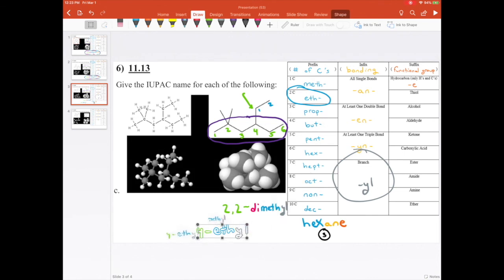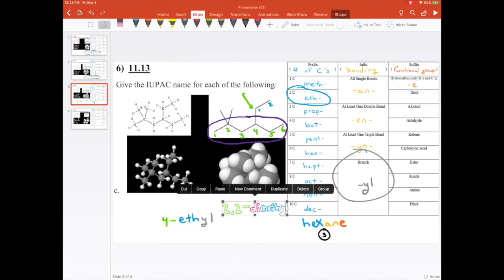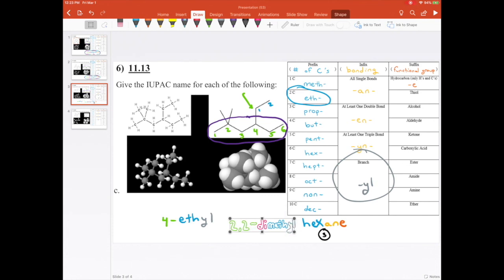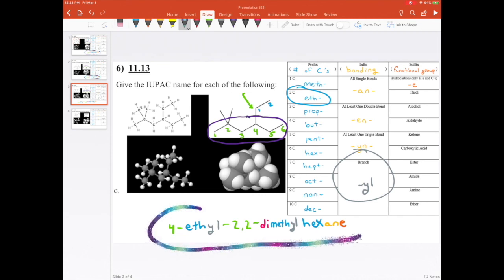So ethyl comes first because E comes before the M, and then the 2,2-dimethyl. Always between numbers and letters goes a dash, so after the L in ethyl and before the 2 in 2,2-dimethyl, you'll have a dash. And the name for this whole molecule will be 4-ethyl-2,2-dimethylhexane.